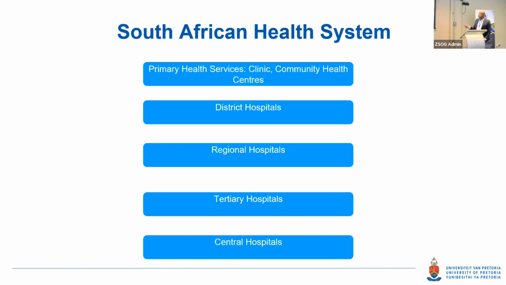This is where most of the screening and prevention of cancer happens. And also in the district hospitals, then going up to the regional hospitals, tertiary hospitals, and central hospitals.